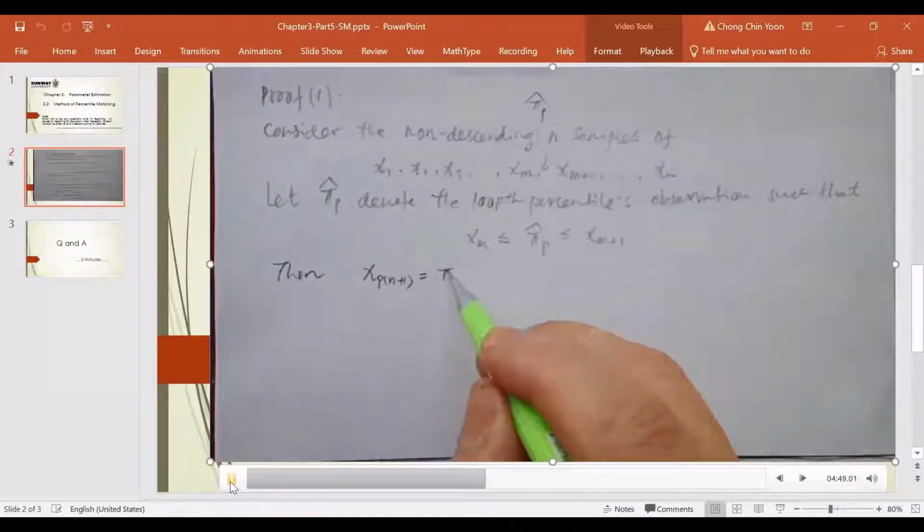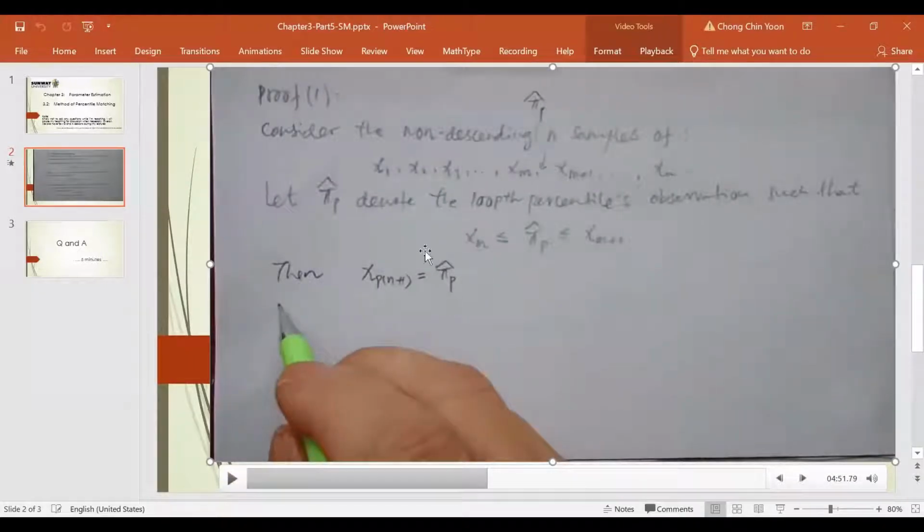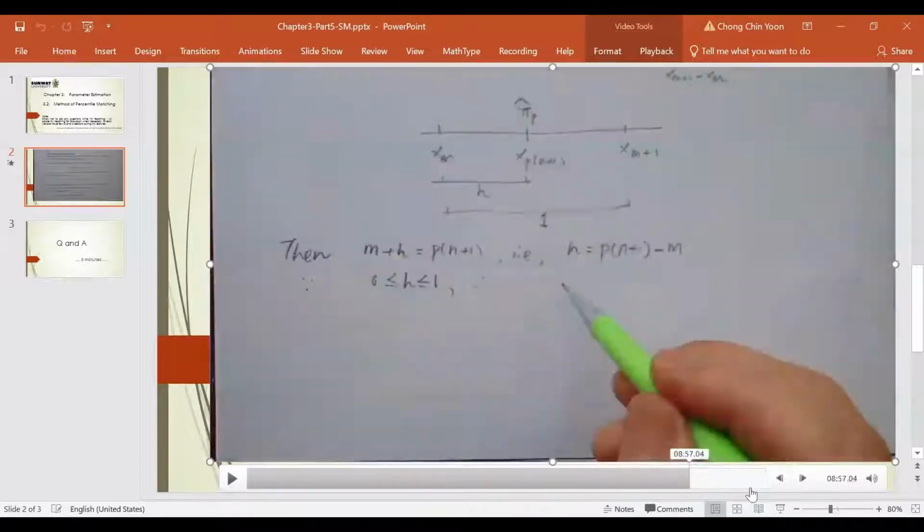That is this, pi p hat. That is how we get this. I explained to you just now, I just use simple quartile or percentile, 50%. Now you know already.